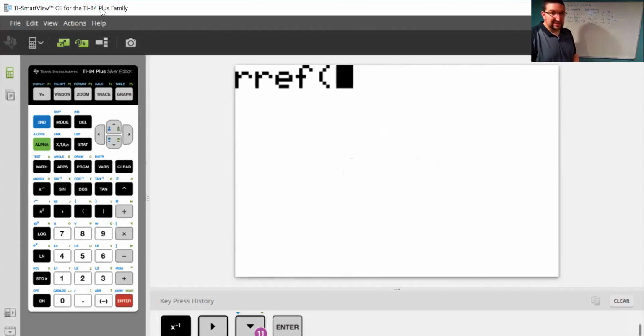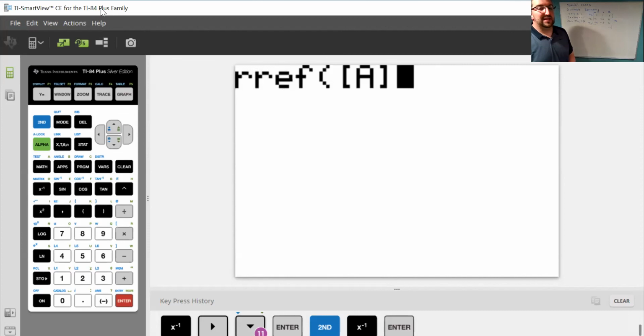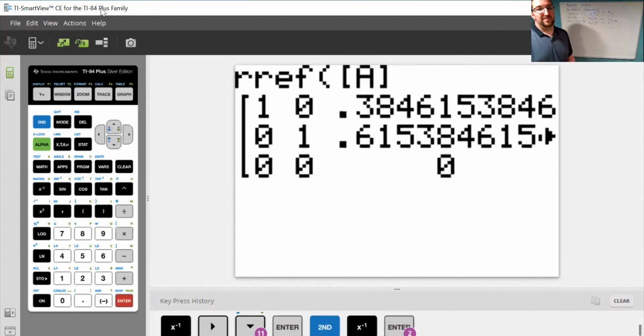Not very user-friendly. So if we hit second matrix and choose that 3 by 3 after reduced row echelon form and I hit enter, okay, what I am going to have is a reduced row echelon form of 1, 0, 0.38, then 0, 1, 0.62.